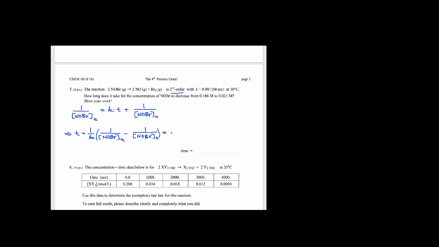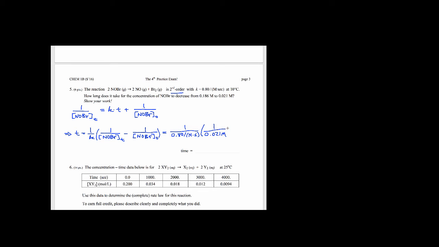If we plug in our values, k is 0.80 and the units are per molar per second, and we have 1 over that. And then that's times 1 over NOBr at time t, so that's 0.021 molar.